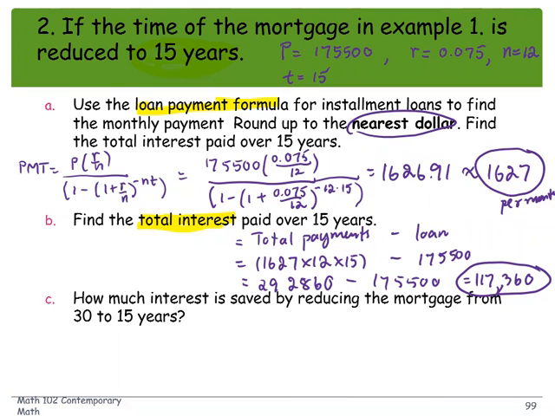So the next part C: how much interest is saved by reducing the mortgage from 30 to 15 years. For this part we just subtract the total interest from the 15 year loan from the total interest of the 30 year loan.